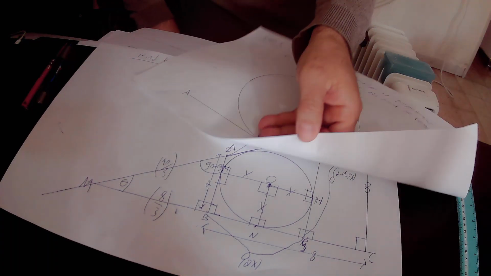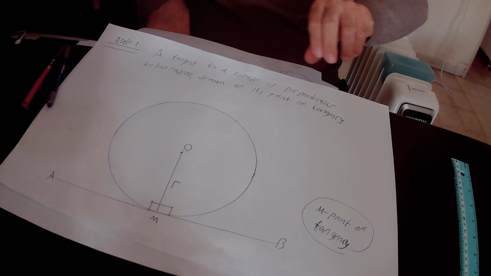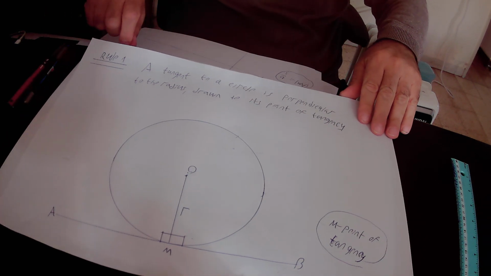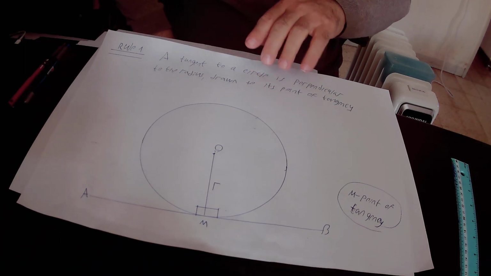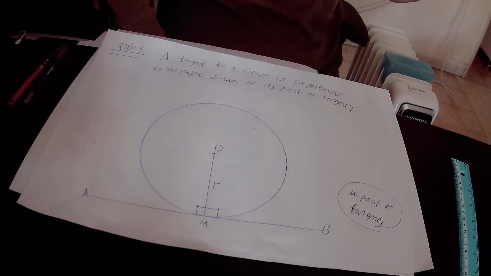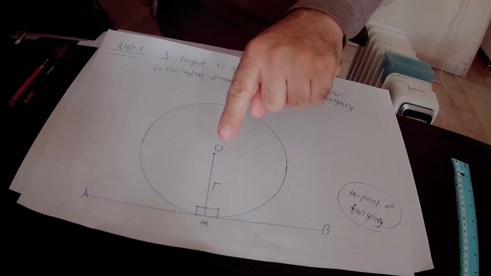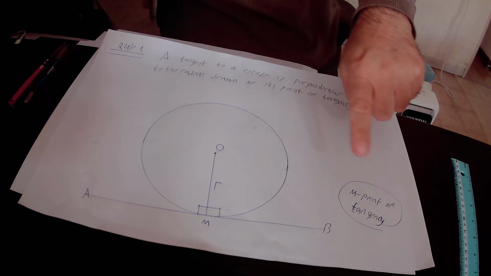Coming to rule number 1. A tangent to a circle is perpendicular to the radius drawn to its point of tangency. We have tangent AB, that is tangent to this circle at point M, and the radius OM is drawn to point M, that is the point of tangency of tangent AB with this circle.